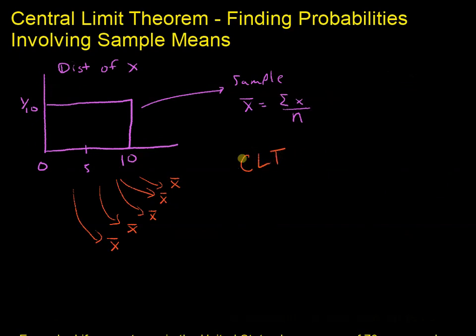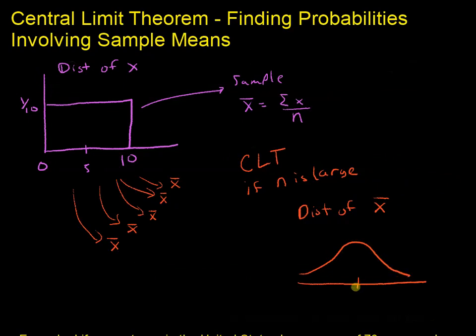By the central limit theorem, if n is large, n being the sample size, then the distribution of x bars, the distribution of all these different sample means that came from your population, should be normally distributed, and it should be centered on the mean of the original distribution. So centered on mu. That's what the central limit theorem says.